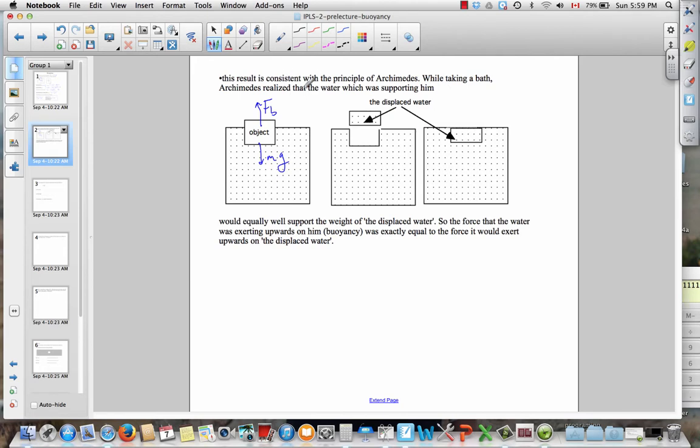So the water that supports him, to summarize, would equally well support the weight of the displaced water. So the force of buoyancy equals the weight of the displaced water. That's the principle of Archimedes.